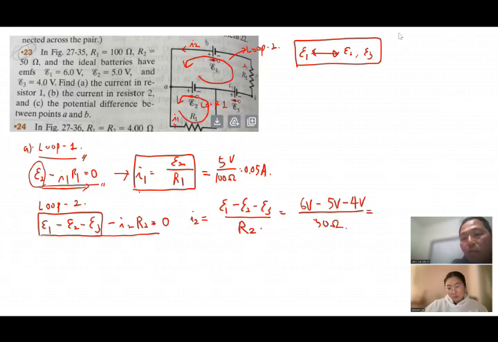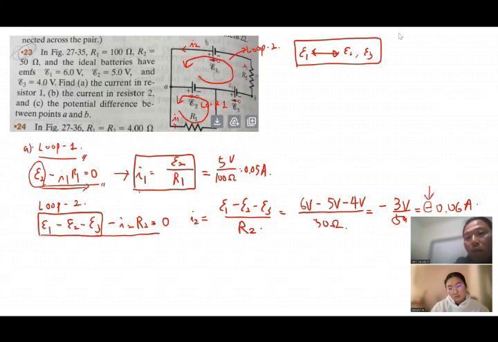So that is now how much? That is minus, I think 3 volt divided by 50 ohm. So that is minus 0.06 amps. So I2 along this loop 2 is minus 0.06 amps, 60 milliamps.